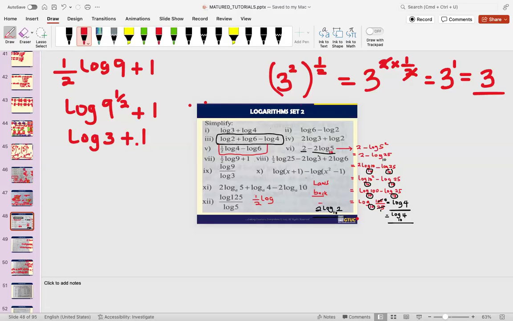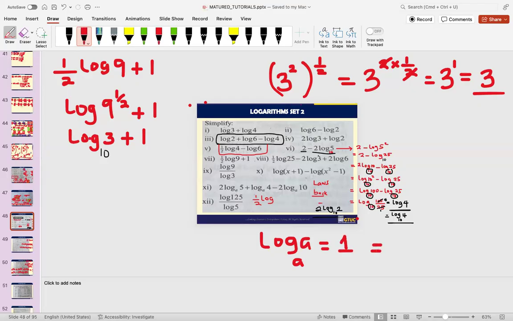How can we join these two numbers? We need to put them in the same log and base. Any log that is standing alone without any number at the base is base 10. So you put your base 10 there like this. You have log 10, 3. How can we make this one look like log 10? You remember the law which says that if you have log A A, your answer is 1.